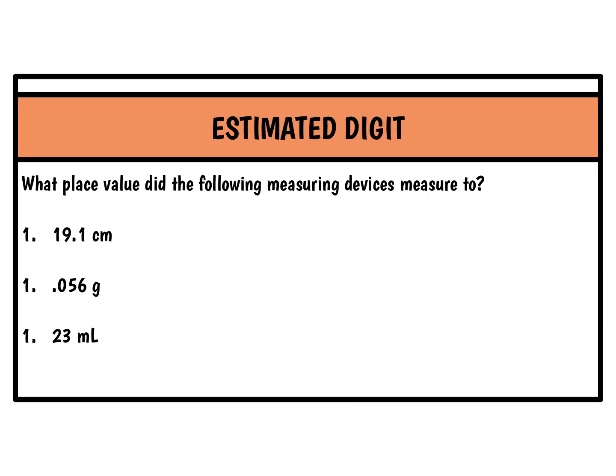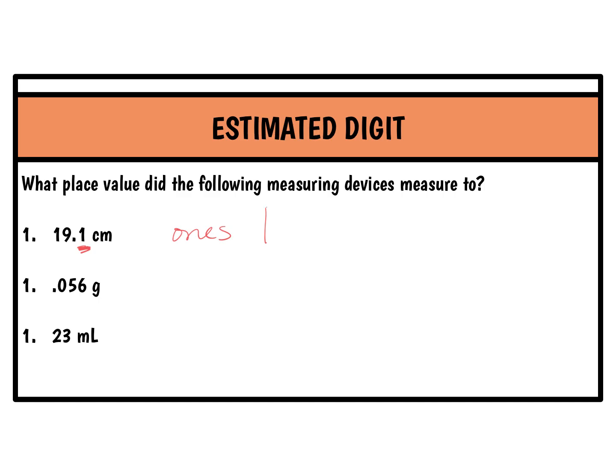Like I said, if we know the measurement, we can predict what place value the device went to. When we look at this number here, 19.1, what would the estimated digit be? I'm hoping that you're saying that the 1 would be the estimated digit. So I know that the device went to the ones place.